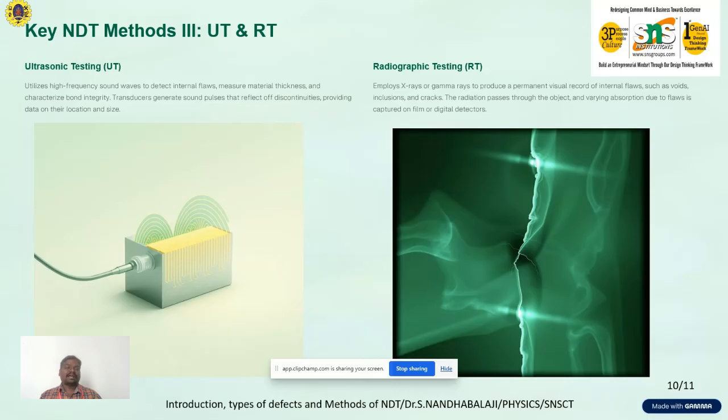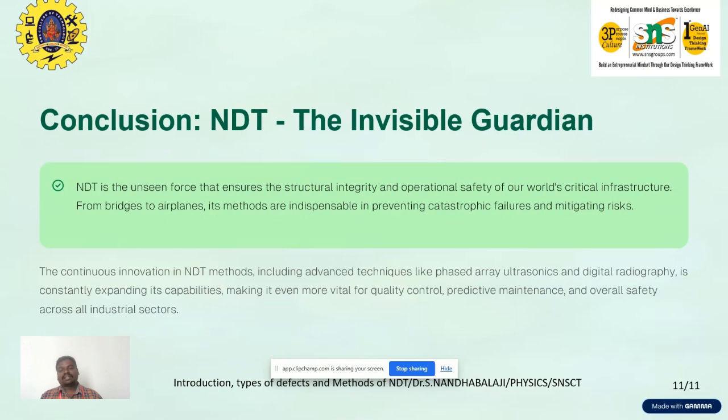Conclusion: NDT, the invisible guardians. NDT is the unseen force that ensures the structural integrity and operational safety of our world's critical infrastructure, from bridges to aeroplanes. Its methods are indispensable in preventing catastrophic failure and mitigating risk.